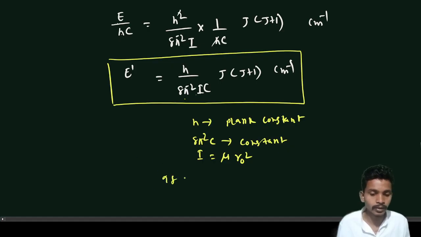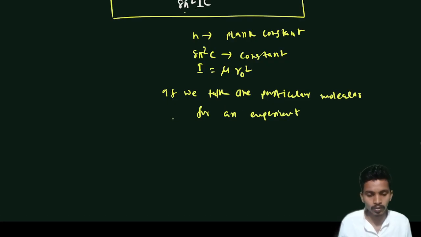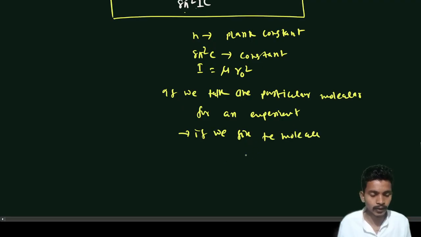So if we talk about one particular molecule for an experiment, it means if we fix the molecule, let's say O2, then the distance is fixed, which means r is fixed.